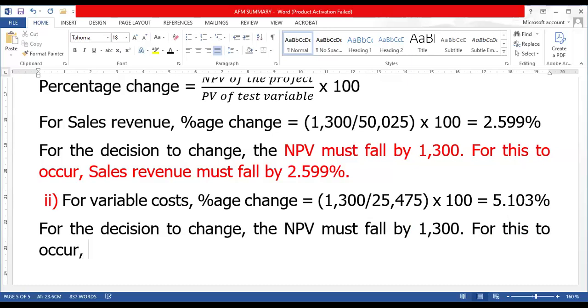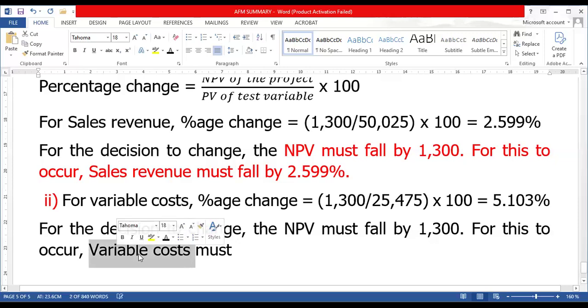Okay. But for this to occur, the variable cost must do what? Must increase or must fall? Who can tell me? These are costs. Must increase.